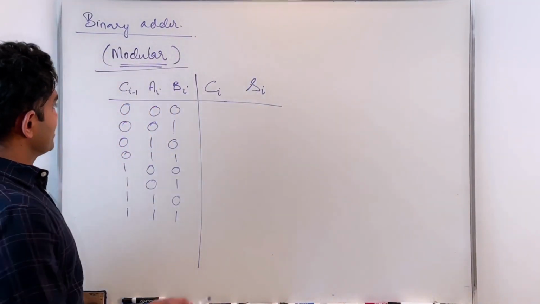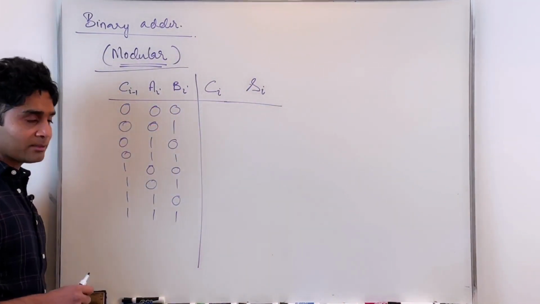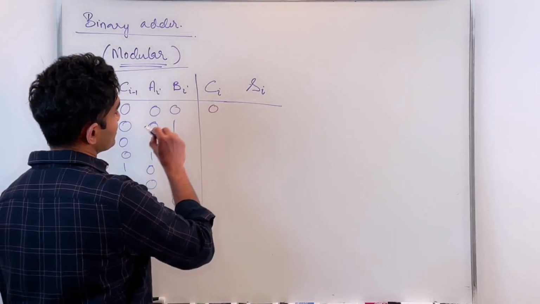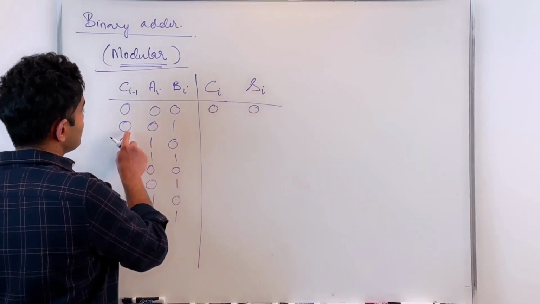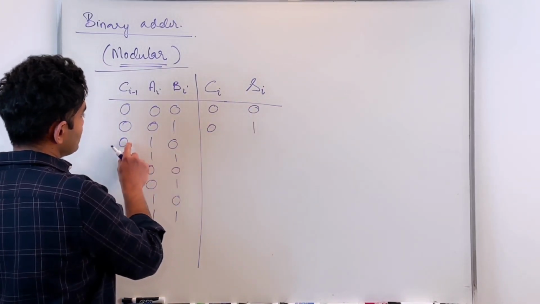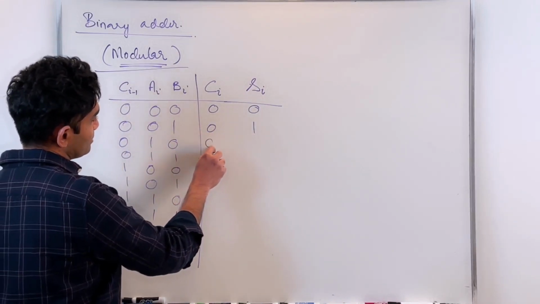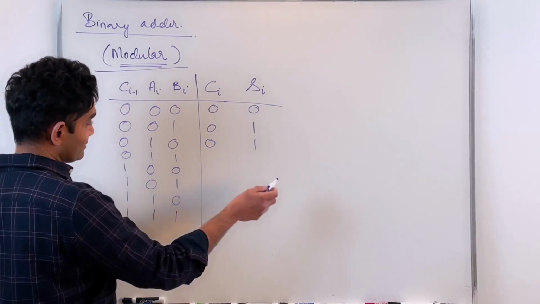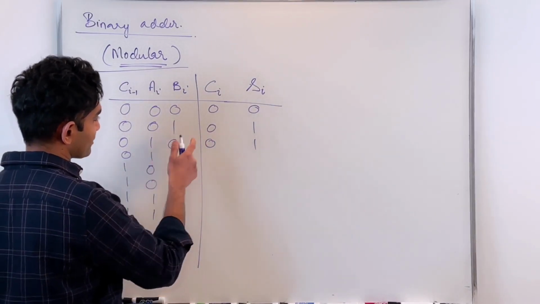How do I get the outputs? I simply add each individual bit together. So 0 plus 0 plus 0, 0. So my Ci is 0, Si is 0. 0 plus 0 plus 1, the sum is 1. 0 plus 1 plus 0, the sum is still 1. 0 plus 1 plus 1 is 2.